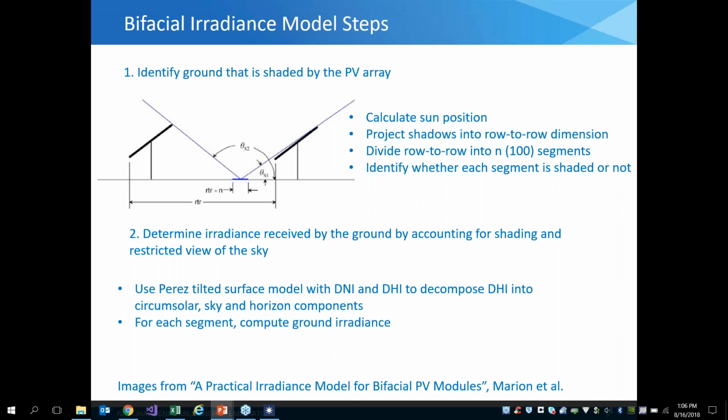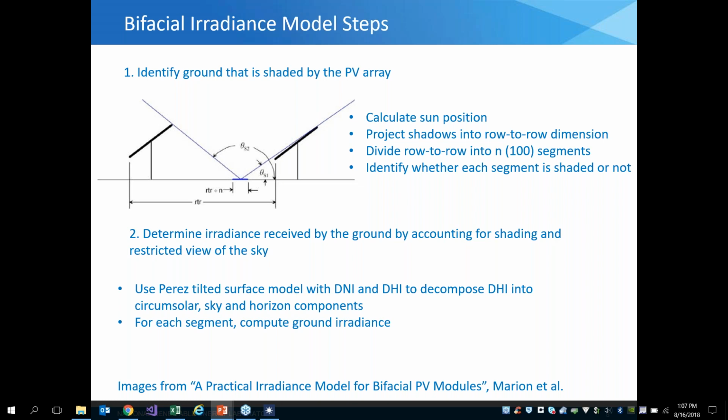I'm going to take you through the steps of this model. I'll point out that I'm not the creator of this model. I have implemented it into SAM, and I can answer questions about it, but I'm not the one who derived it, so just keep that in mind. The first step for the model is to identify the ground that is shaded by the PV array.